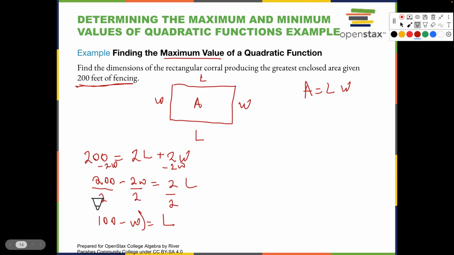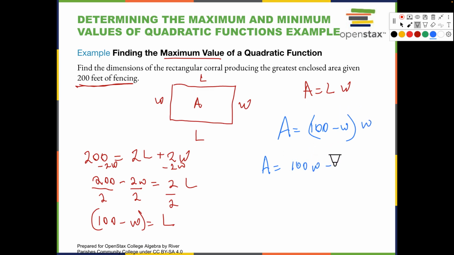We're then going to replace 100 minus W up here for L. So our area is equal to 100 minus W times W, and we're going to look to maximize that, so we distribute: 100W minus W squared.